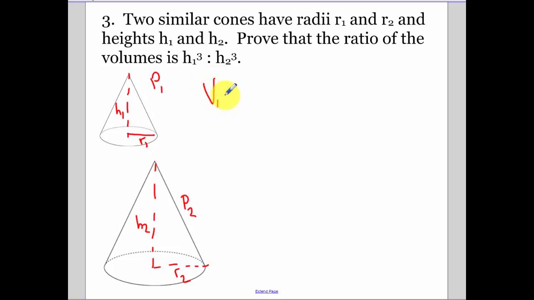So the volume of cone 1 is 1/3 pi R1 squared times H1. The volume of cone 2 is 1/3 pi R2 squared times the height, H2.